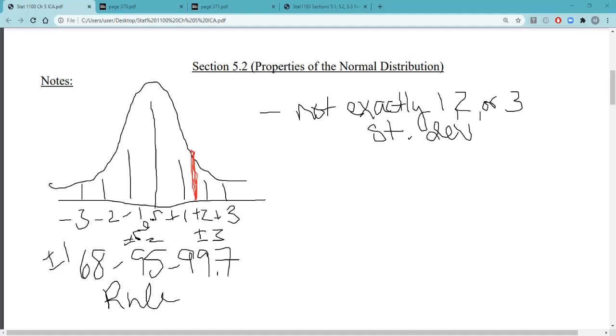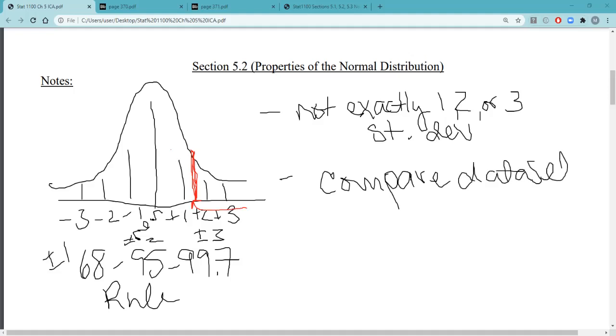Well, we know what to do if it was 1 standard deviation away, and we know what to do if it was 2, but we don't yet have a way to determine anything besides those exact distances away from the mean. We also need a way to compare data sets with different means and different standard deviations.